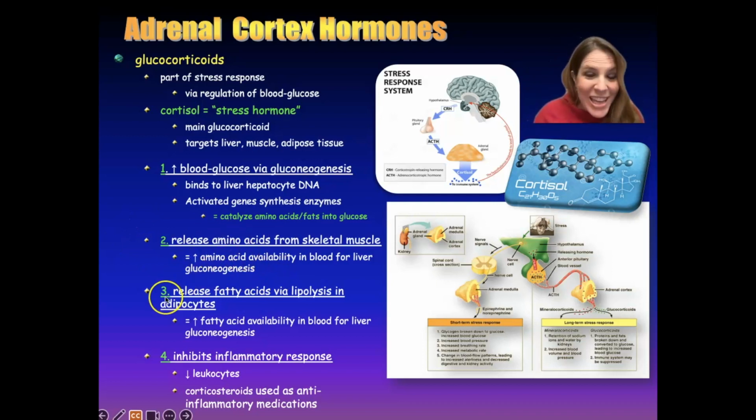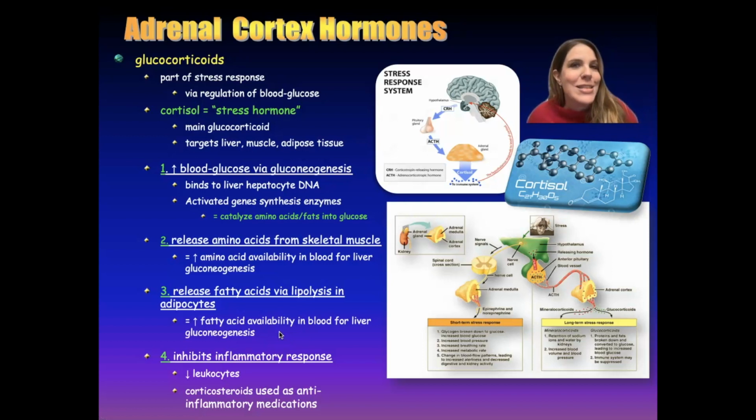And finally, related, cortisol is also going to target adipocytes, fat cells, to do lipolysis, where they break down so that fatty acids are released back into the blood. And that will aid in, guess what? Gluconeogenesis. So really what cortisol is doing is making sure that there's a steady supply of ingredients that the liver can then use to create glucose through gluconeogenesis.